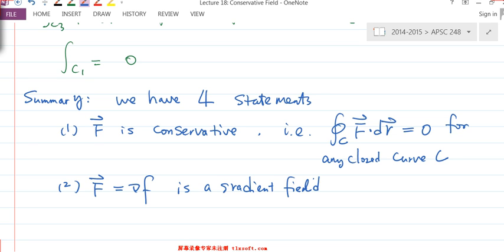Equivalency, what does it mean? It basically means if you see this f comes from here, then number 1 will naturally apply.